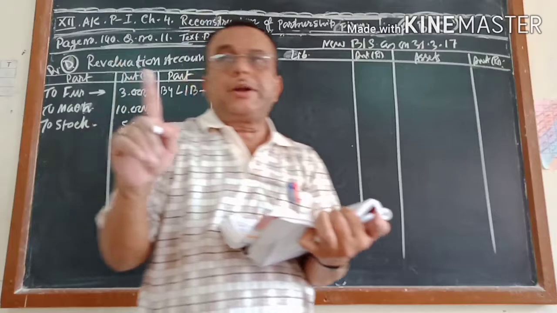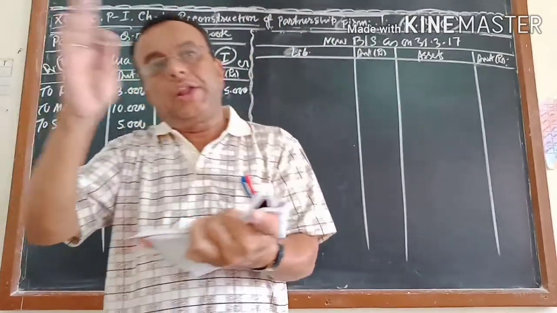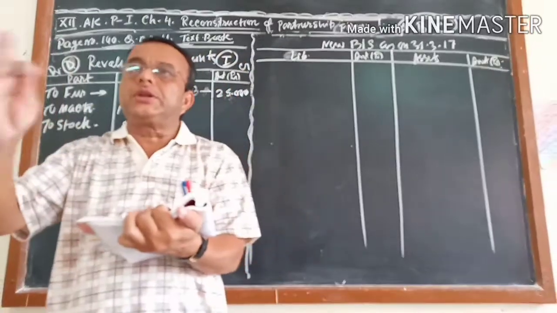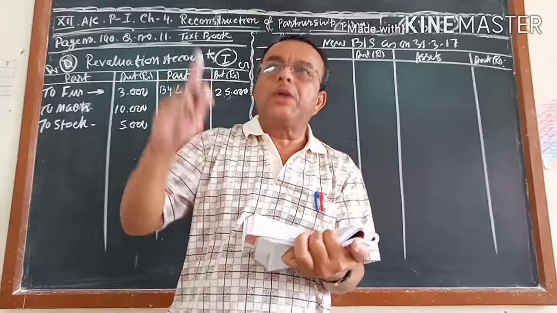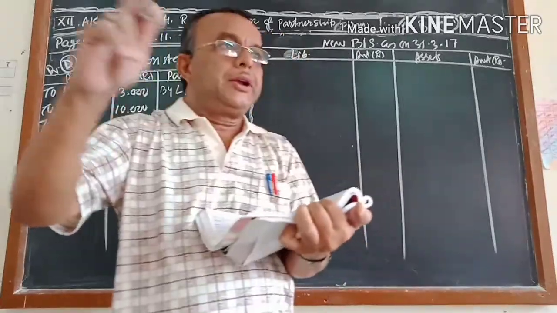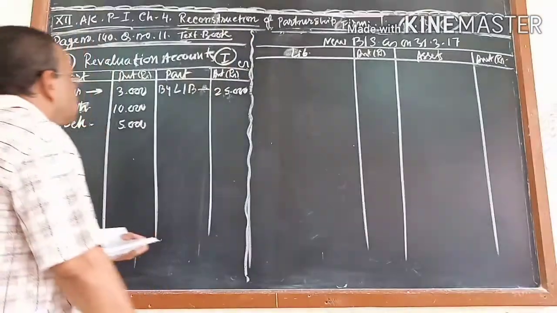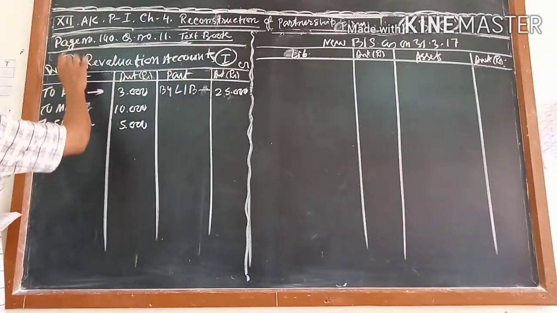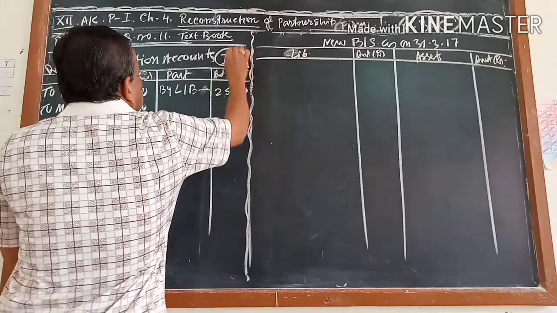If you did not have the bad debt reserve, then the total 2,500 would come. But you already have 1,000. Now you have to increase it up to 2,500. That means you have to increase the bad debt reserve by 1,500. That means liability is increasing. Liability increasing means this is your loss. This is your loss side and this is your profit side.